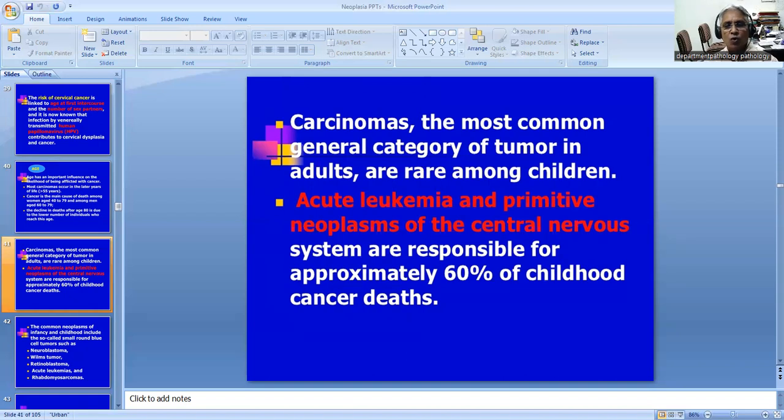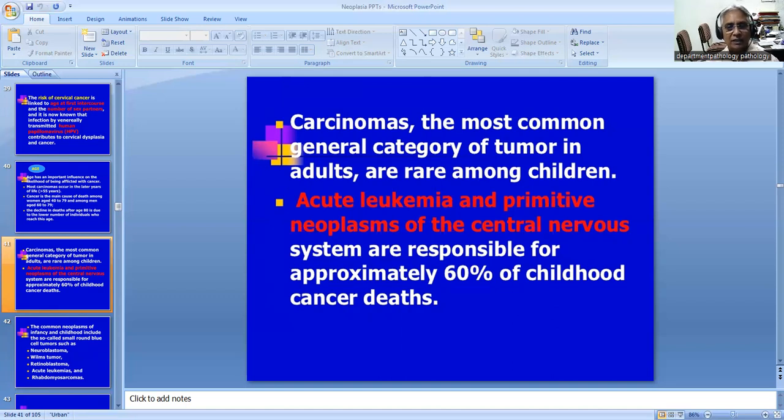Carcinoma is the most common general category of tumor in adults, while its incidence is less in children in comparison to adults. Acute leukemia and primitive neoplasms of the central nervous system are responsible for about 60% of childhood cancer deaths.